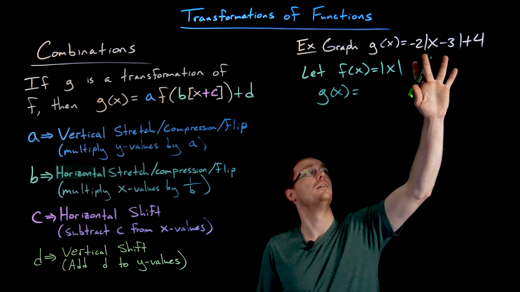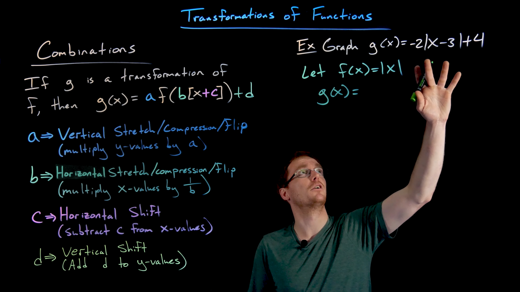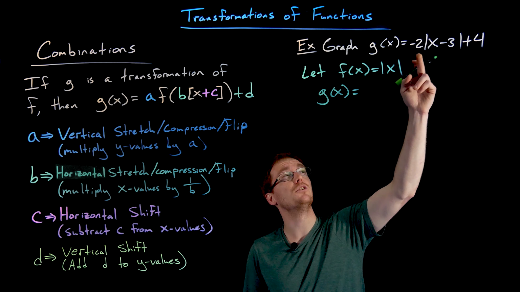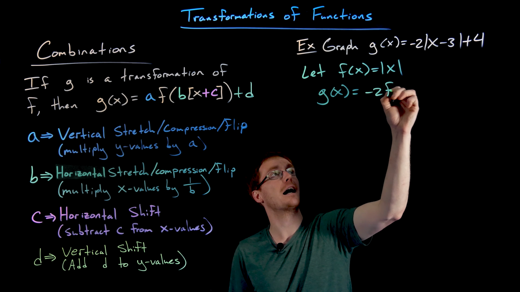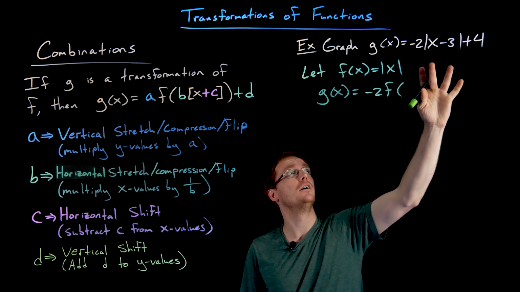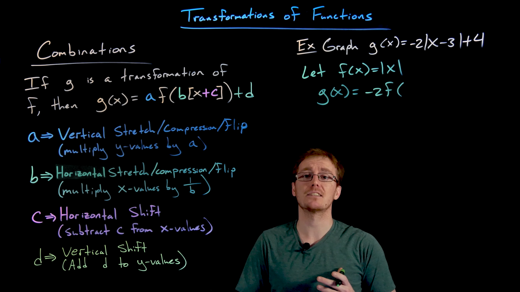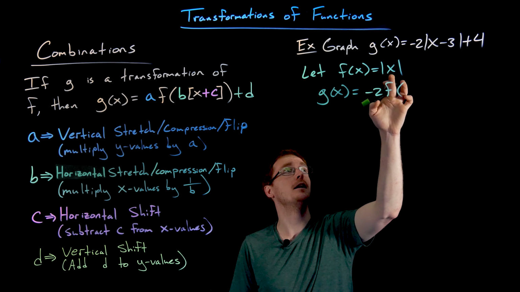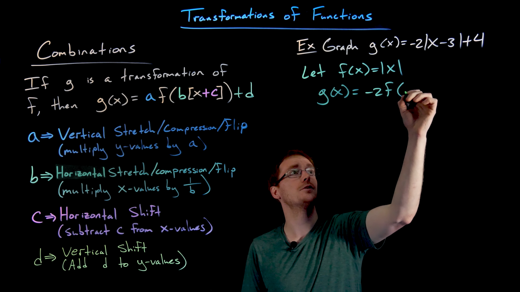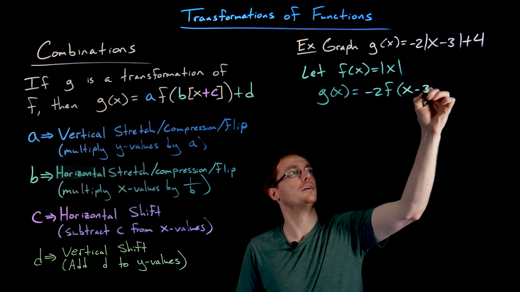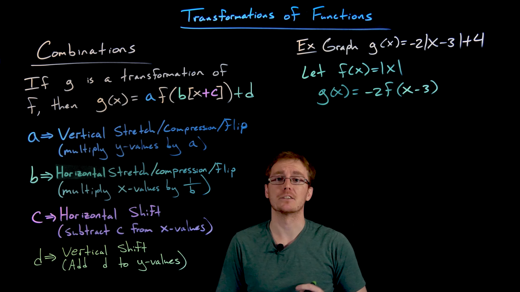So let's see. The absolute value is our actual function itself. This -2 is a factor outside of the absolute value, so it's happening outside of our function f. Normally we just have x inside of our absolute value function, but now we have x minus 3 inside of our absolute value. So our input is not just x, but it's x minus 3.